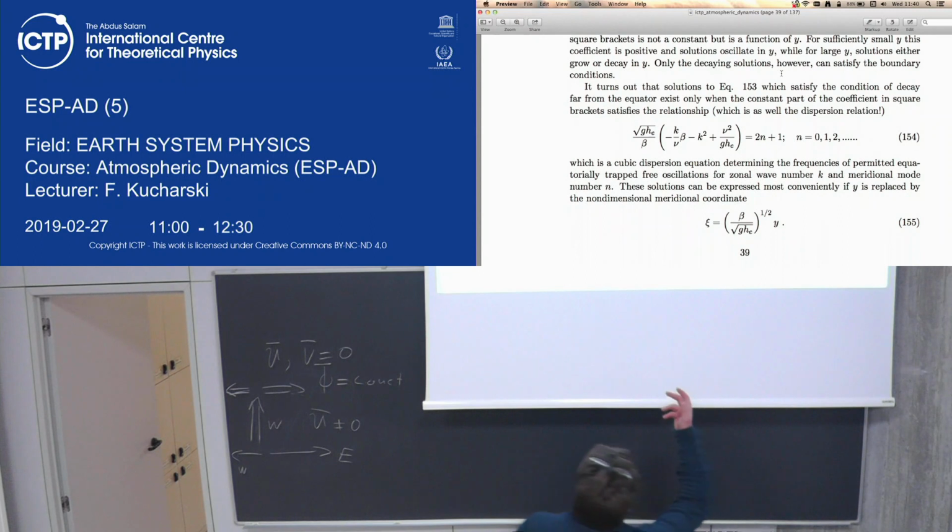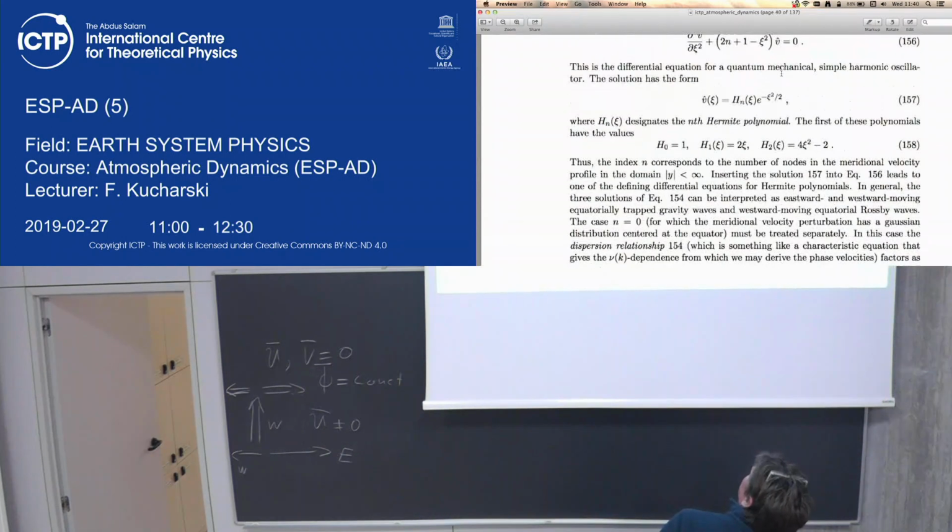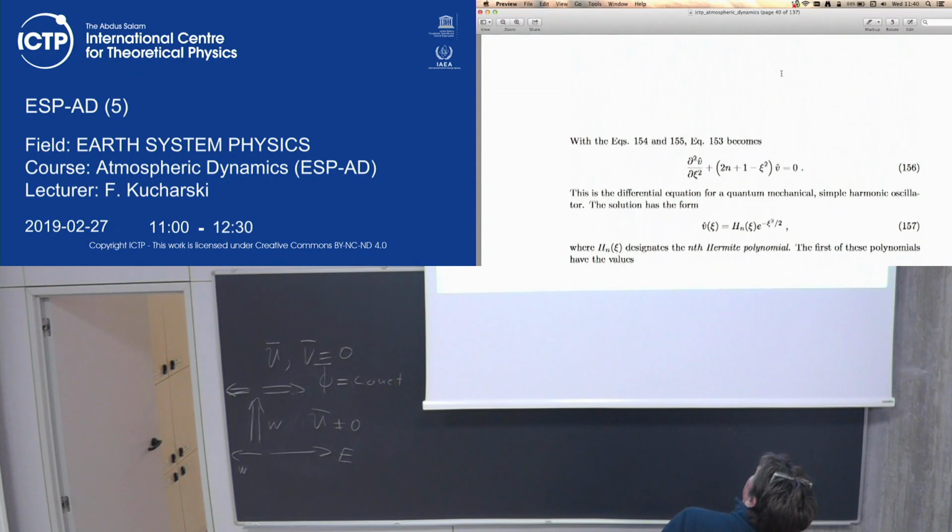If you can reformulate this by just a rescaling of the original y distance here from the equator by something that we call psi, which is dimensionless, scaled by this factor. It's just a trick. And then it turns out you can reformulate this equation in this form here.